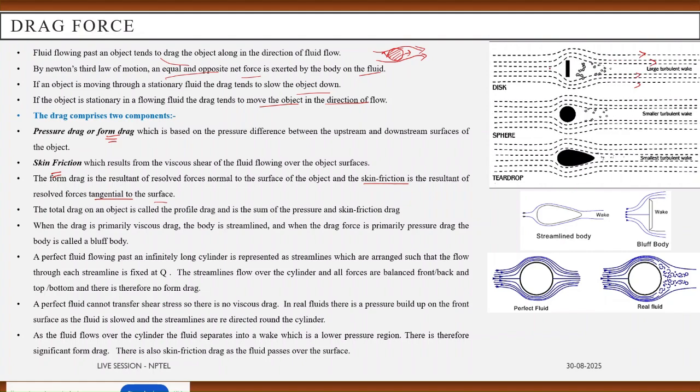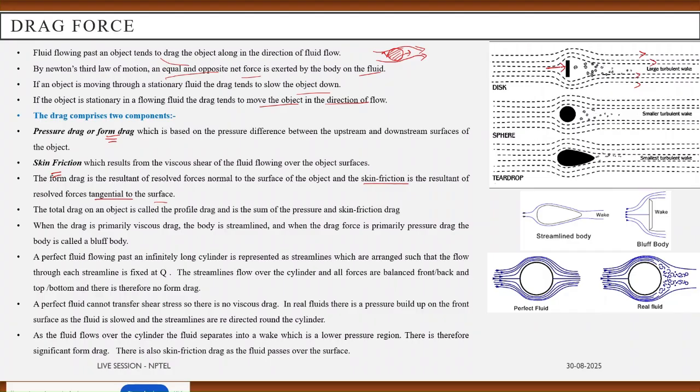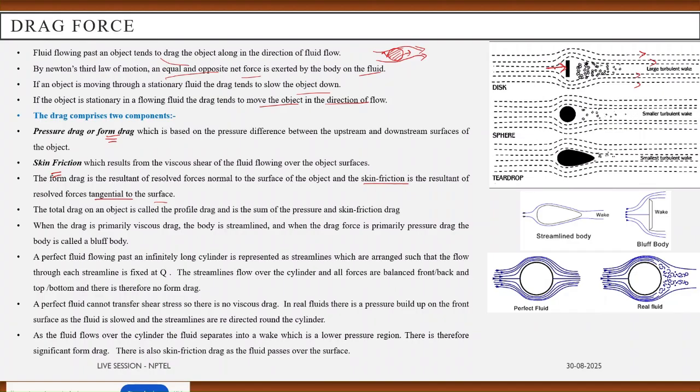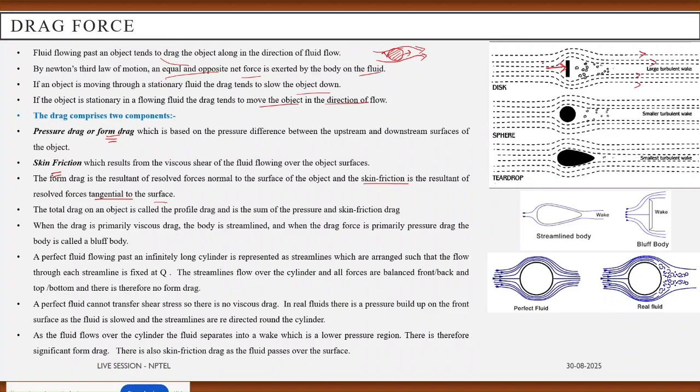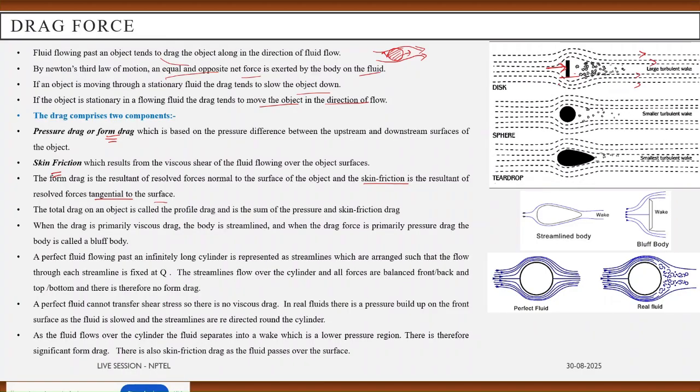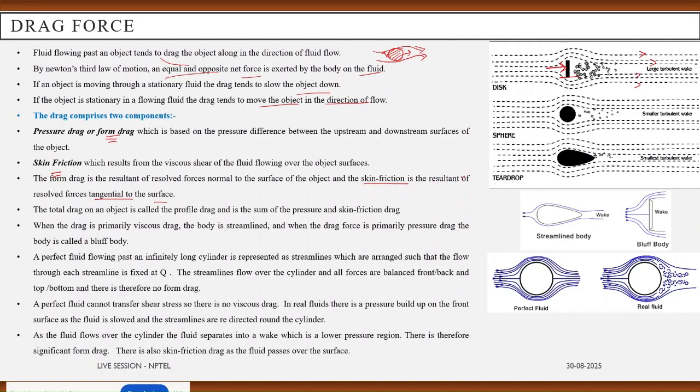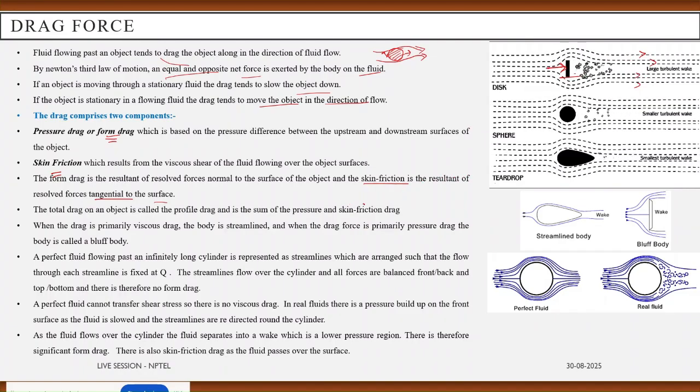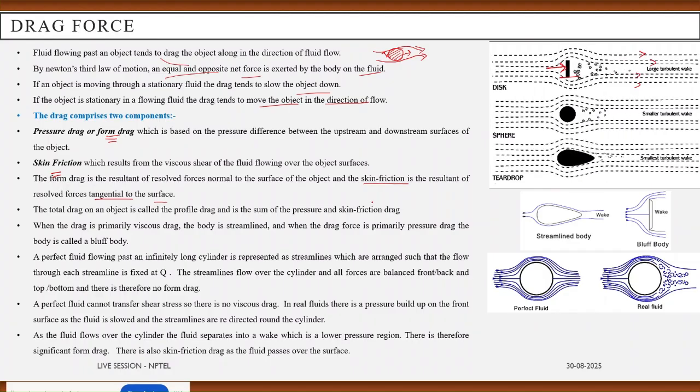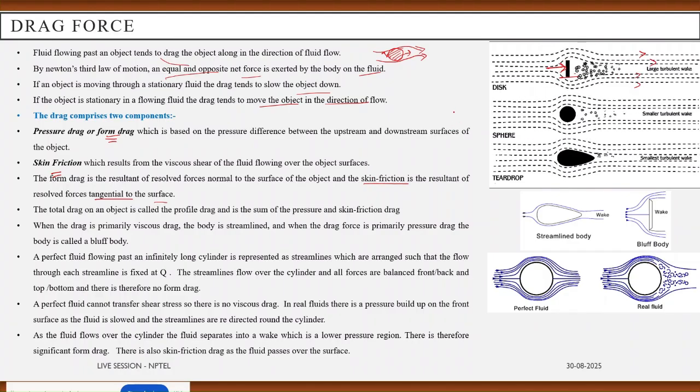Perpendicular to the surface, that will be pressure difference. Due to pressure difference, that will be your form drag, and the tangential one, tangential skin friction, that is due to the tangential part to the surface.